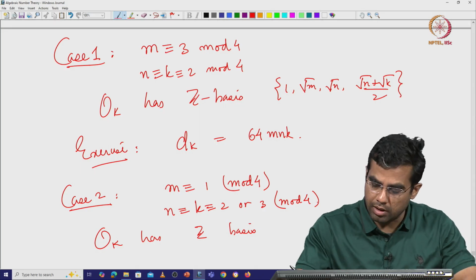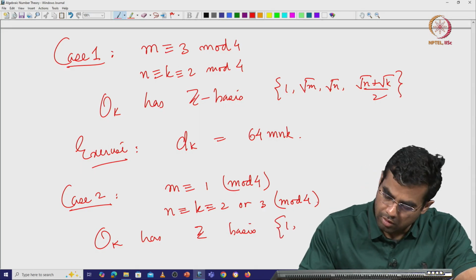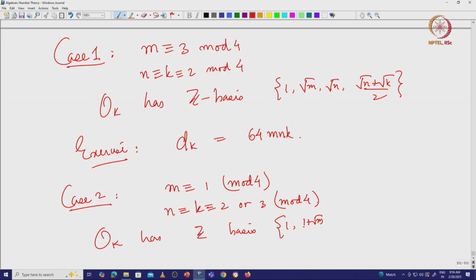It is given by 1, (1 + √m)/2, √n, and (√n + √k)/2, and again you can take as an exercise that the discriminant in this case is 16 m n k.